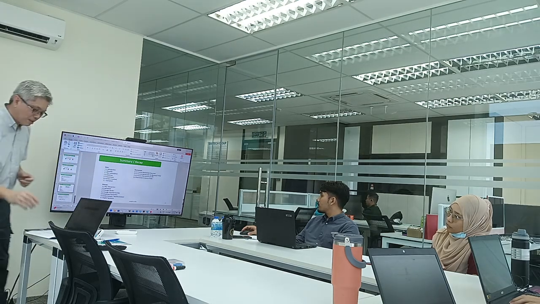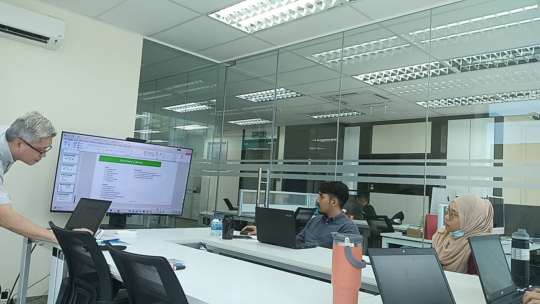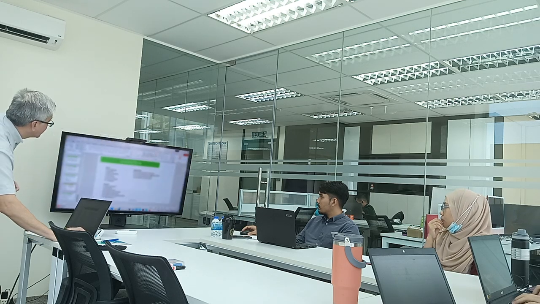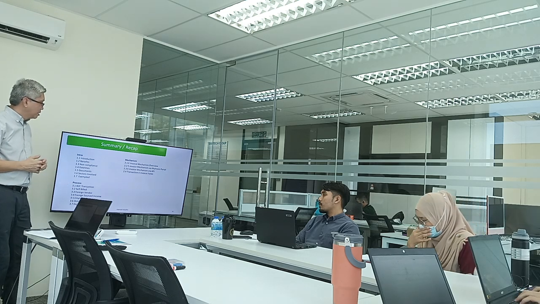Okay, now I have to do a summary and recap. Okay, basically, as I mentioned earlier, there are 3 modules. Module 1, intro. Module 2, mechanism. Module 3, process. Okay.